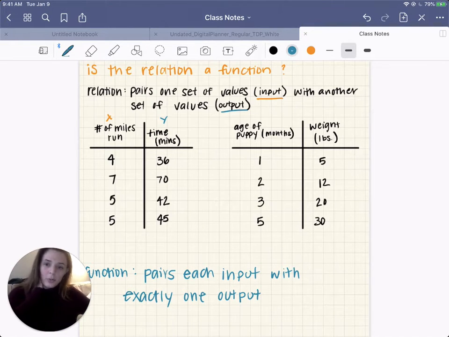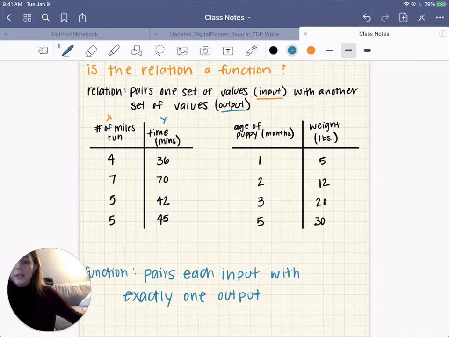So one example could be the number of miles run and the time that it takes in minutes. The input is the miles that are run, and the output is the time. So let's say in this set, when you run 4 miles, it took 36 minutes.